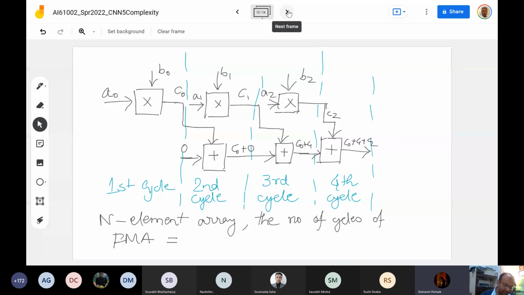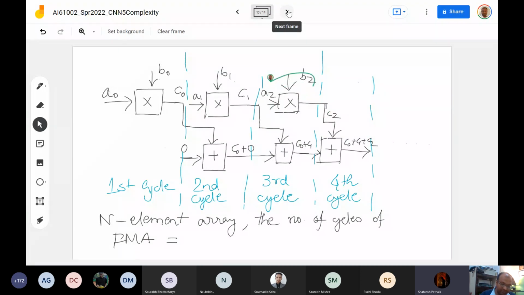Now in the second cycle, I have A1, B1, which gives C1. That is available at the end of my second cycle so that I can take it as input in the third cycle only. So the output of this adder goes into this one as well as this C1 goes over here. As a result, at the end of the third cycle, I have C0 plus C1. Now in the third cycle, I am also able to get C2, which is equal to A2, B2.